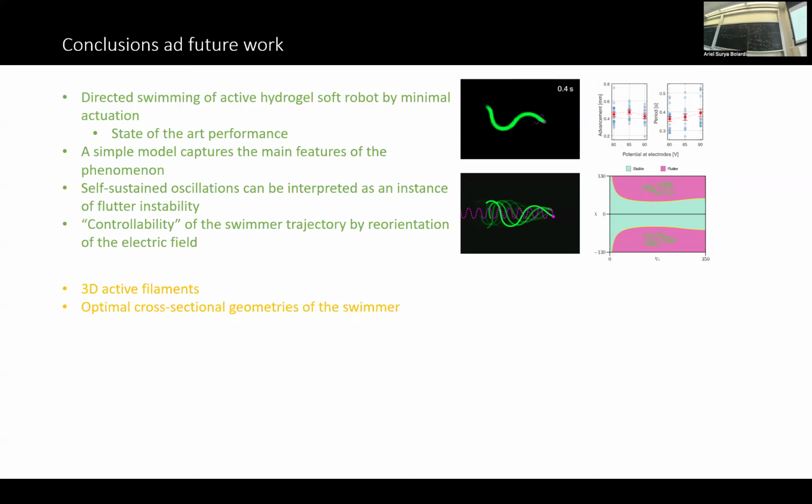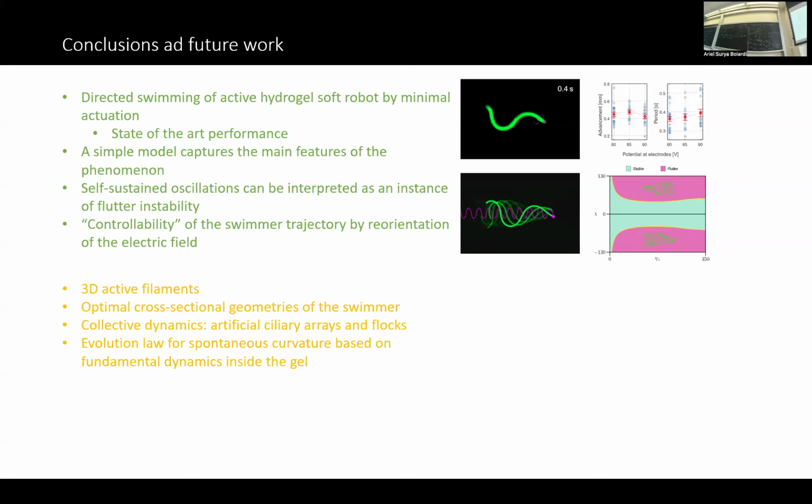And in the future, of course, an interesting topic would be to extend this from filaments of plane motion to 3D motion, by studying how the cross-section geometry influences the swimming performance, and also how many of these objects, being cilia or swimmers, interact with each other.